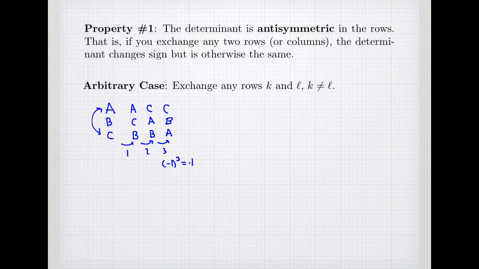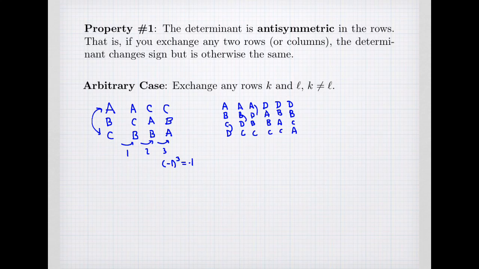So let's do this again. Let's do 4, A, B, C, D. And if I swap that, we're going to do the same sort of thing. We're going to bubble the D up to the top, A, D, B, C. And then we're going to bring the A down, A, B, C, D, B, A, C, D, B, C, A. Okay, so we had pairwise swaps.